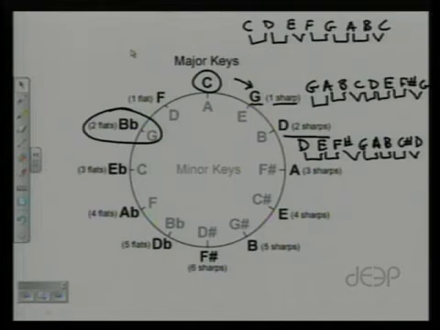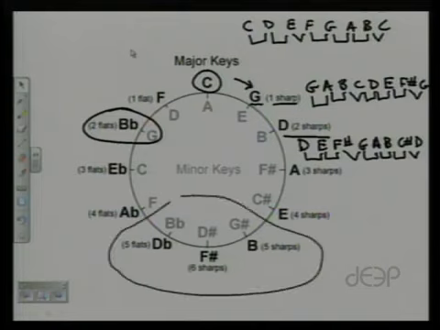Now, I have one other thing that I want to show you on this circle of fifths. Down here on the bottom, these three key signatures, D flat major, F sharp major, and B major, also have an enharmonic spelling. Remember, enharmonic means another name for the same thing.